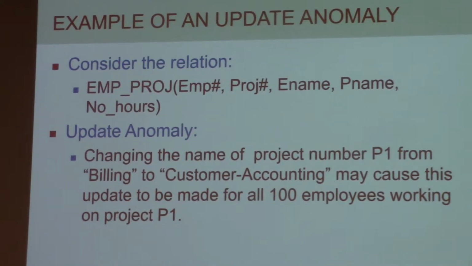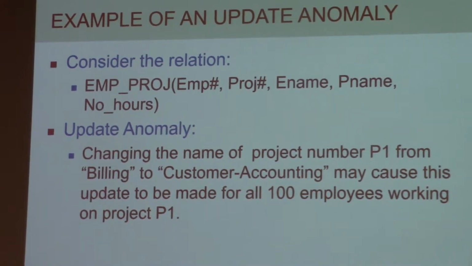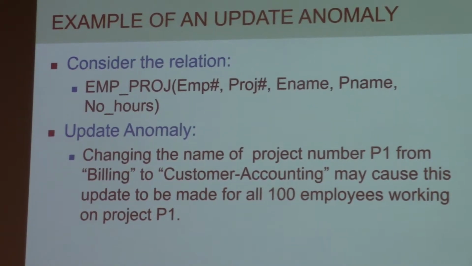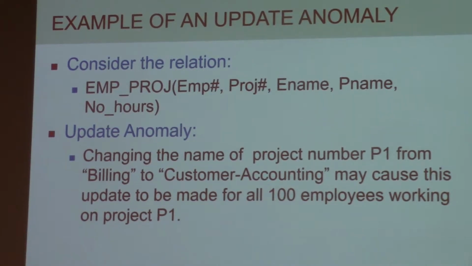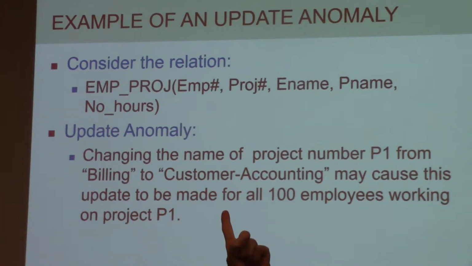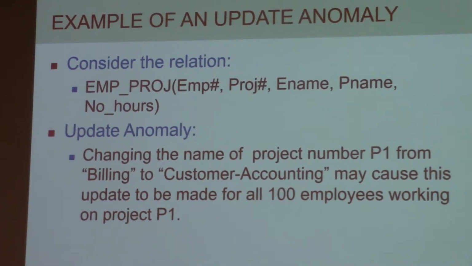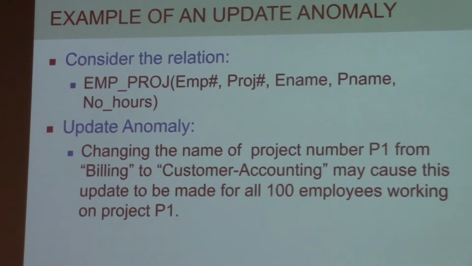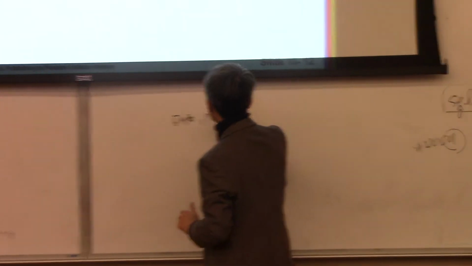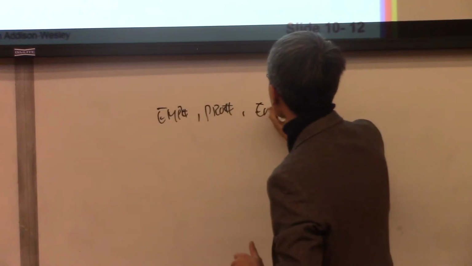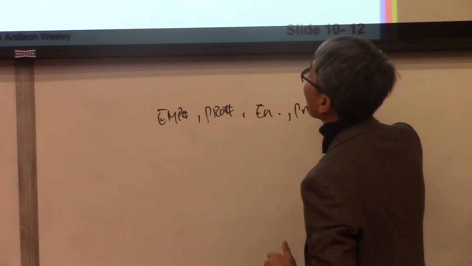Okay? So the project name is changed from P1 to P2. What happened? How many projects do you have in your company? P1. How many P1 do you have? P1 is just one. However, if you update this database, for example, employee number, project number, E-name, P-name, and number of hours.